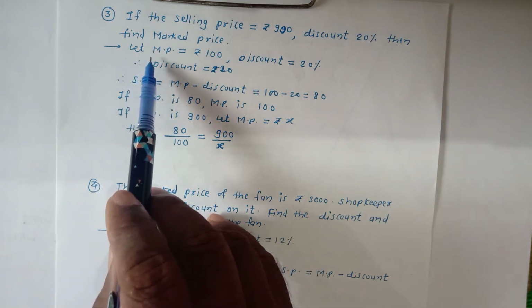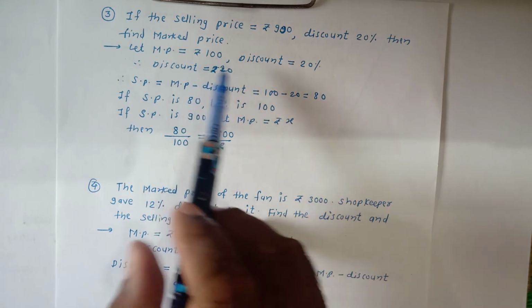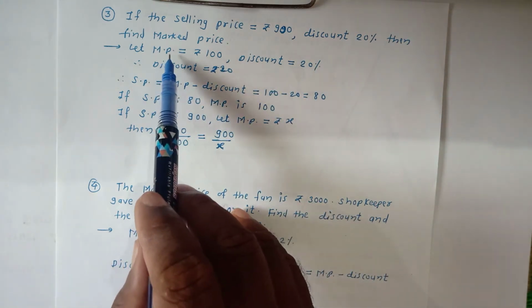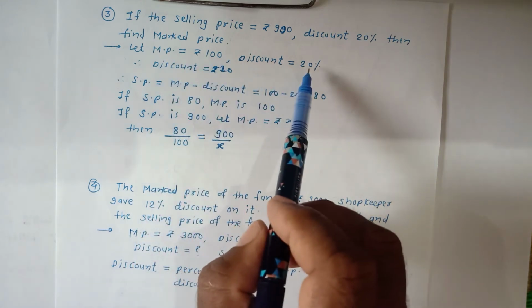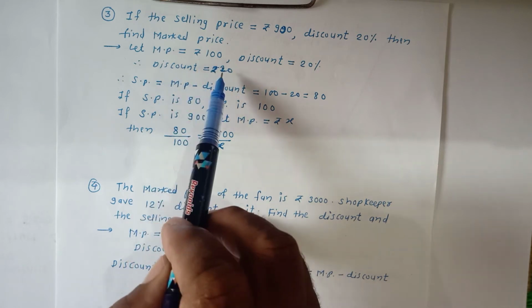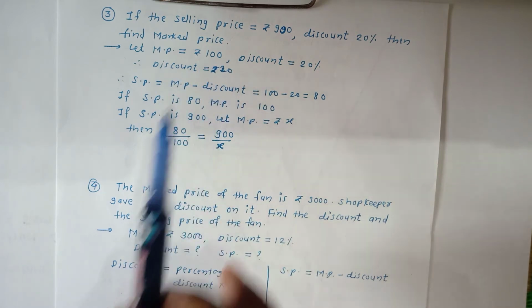Suppose mark price is 100 and discount is 20%, then for 100, 20% of 100 means 20. If mark price is 100, then discount will be 20 here.